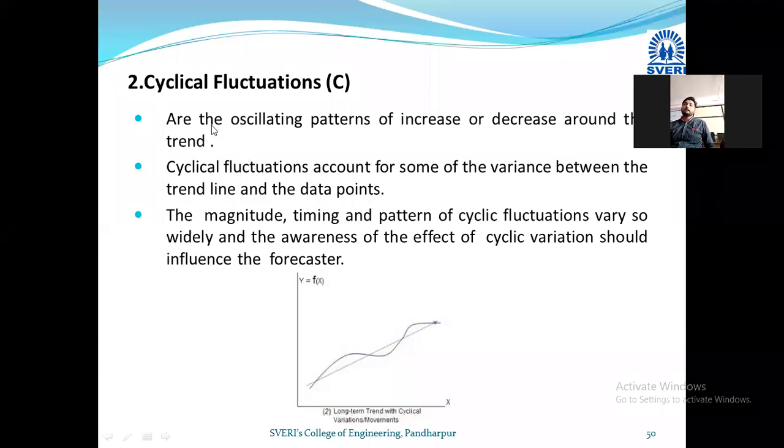So these are the oscillating patterns of an increase or decrease around the trend. Cyclic fluctuation accounts for some of the variance between the trend line and the data points.